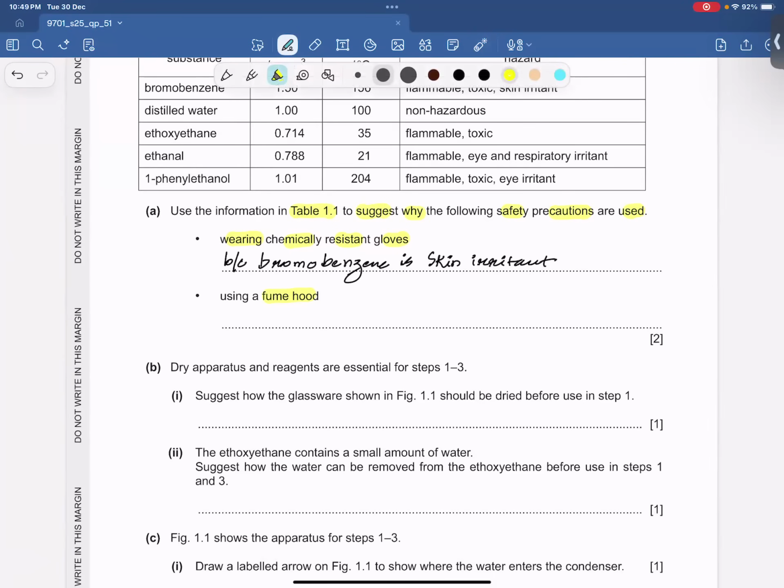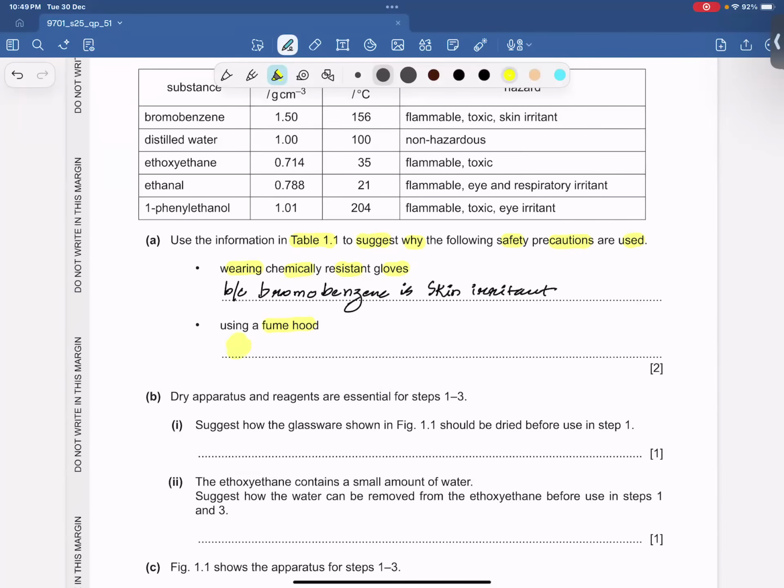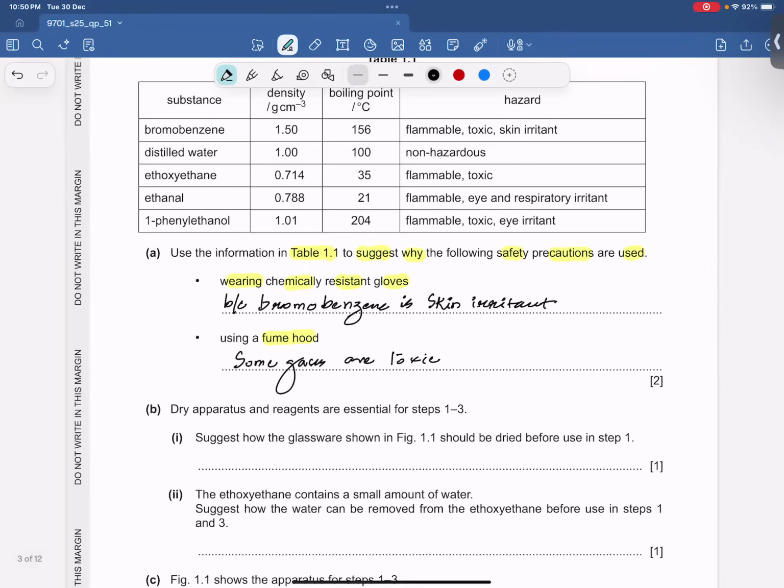So can we write here that some gases are toxic, like ethoxyethane and ethanol.